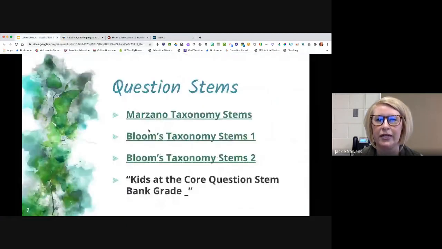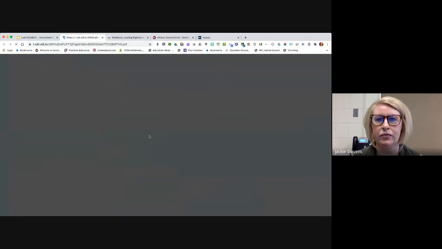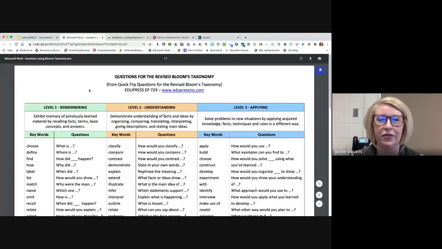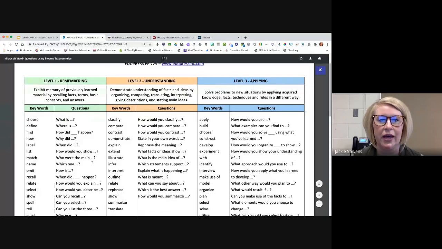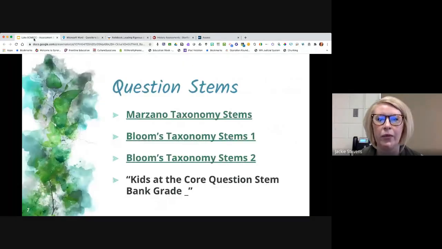The Bloom's taxonomy is going to look very similar. Again, it has the different levels: remembering, understanding, applying, keywords that you might see, and then question stems. And then one other one that I want to show you.